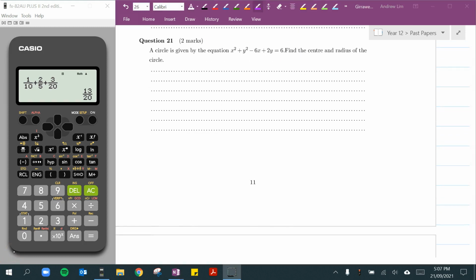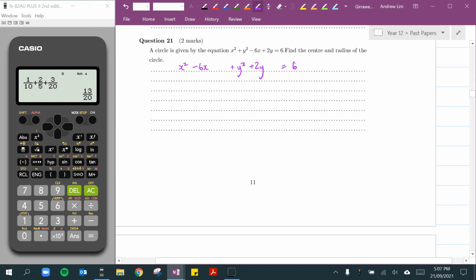Okay, question 21. A circle is given by the equation x squared plus y squared minus 6x plus 2y is equal to 6. Find the center and the radius of the circle. So we need to complete the square. I'm going to rewrite this, x squared, and I'm going to bring all the x's together. I'll leave a gap, plus y squared plus 2y, leave a gap, is equal to 6.